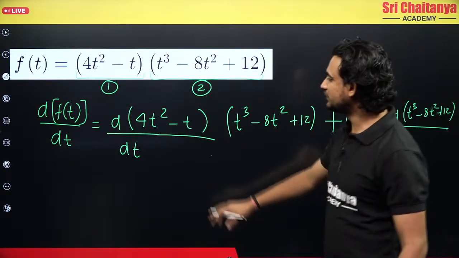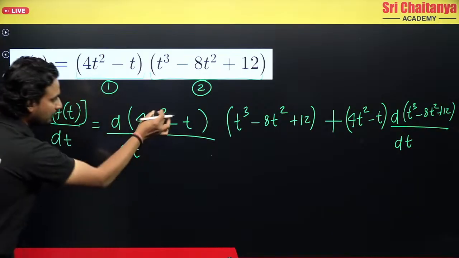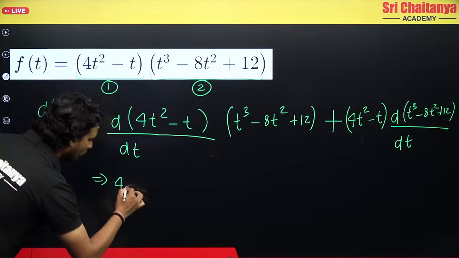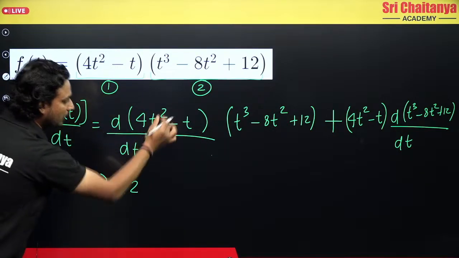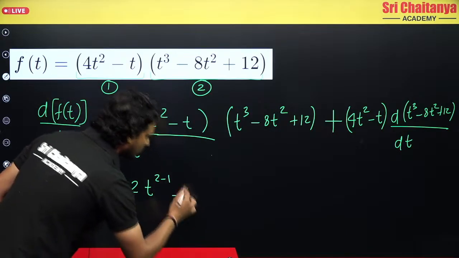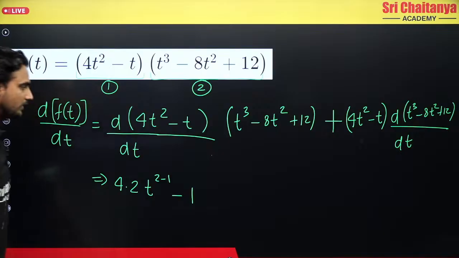Okay, now let's differentiate this first function. So what is the differentiation of this function? This power 2 will come forward, so I will get 4 into 2, and I will subtract 1 from the power, so t to the power 2 minus 1. Minus, the differentiation of t is 1, correct?